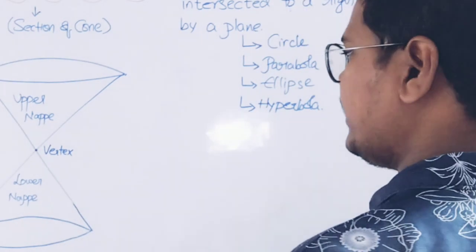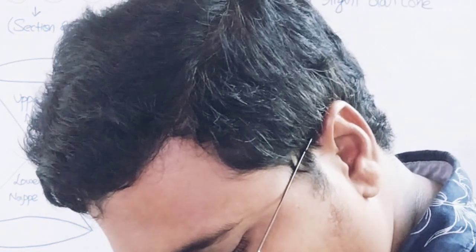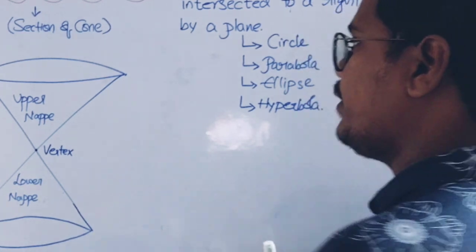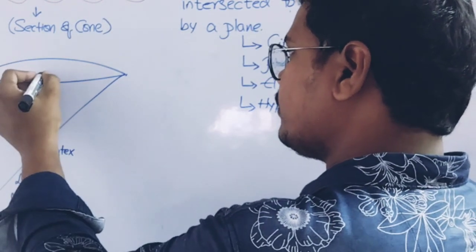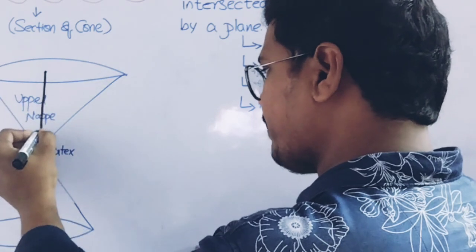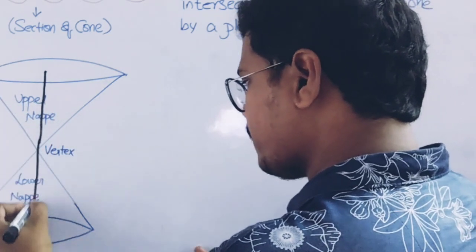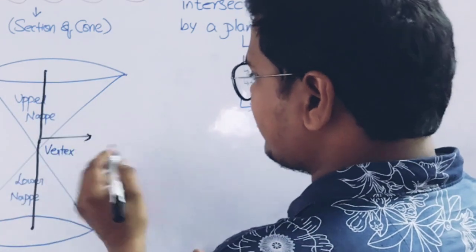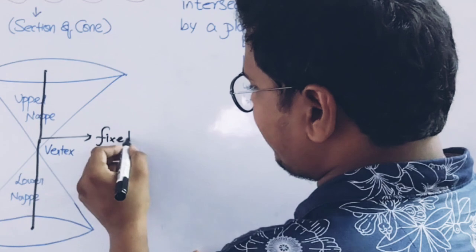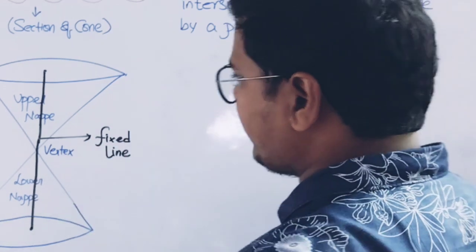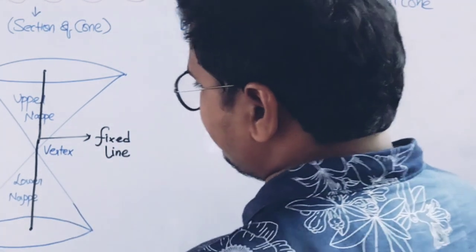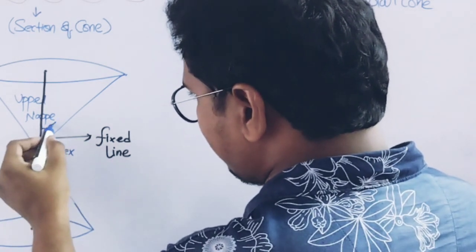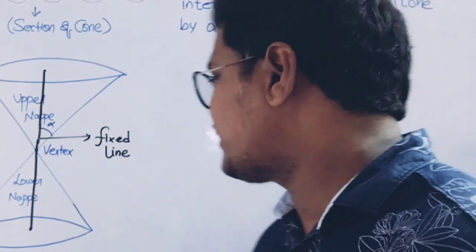Now we are going to draw one perpendicular like this. This perpendicular is treated as a fixed line, and where this line and that one intersect each other, it makes an angle alpha.